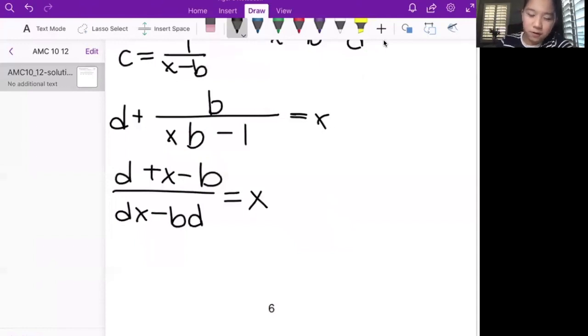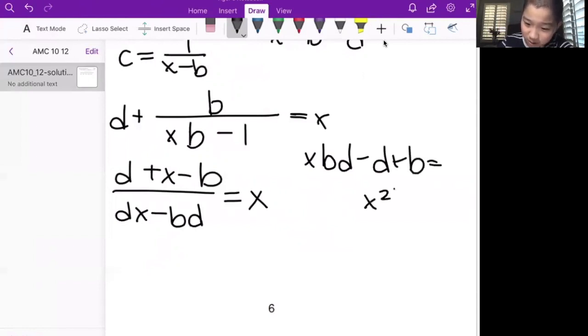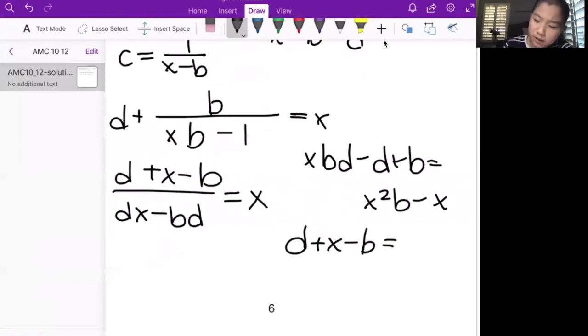So for the first one, it becomes XBD minus D plus B equals X squared B minus X. And then the second one is D plus X minus B equals X squared D minus XBD.